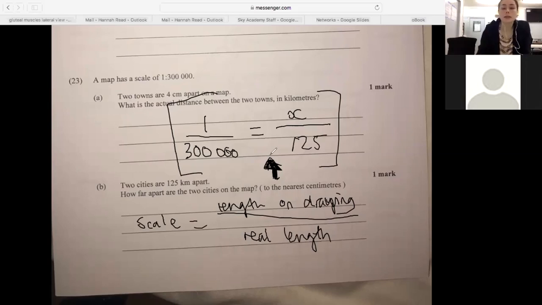I'm actually going to change that. Okay.